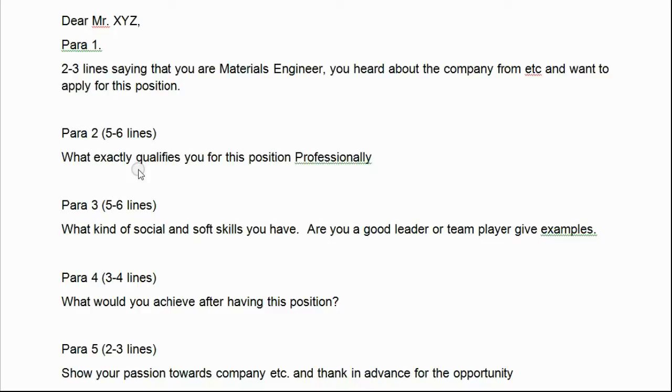For example, if you have worked on manufacturing of something and the job is about it, but the job advertisement is using the word process engineer or production engineer, so use production and not the manufacturing word which you are familiar with, because the HR person might be looking for those words, and they might not understand the other ones.